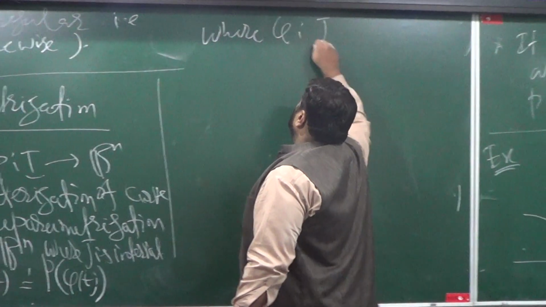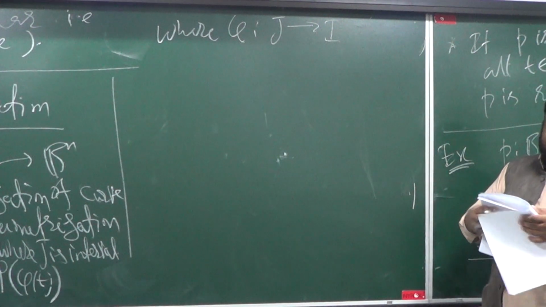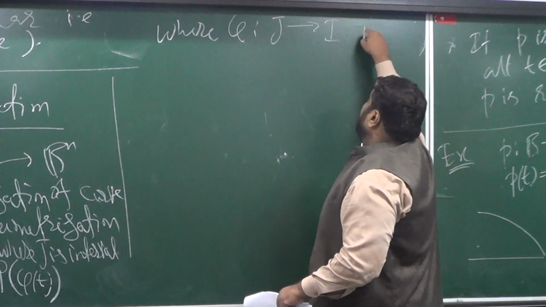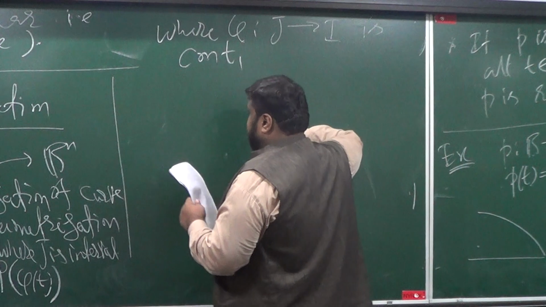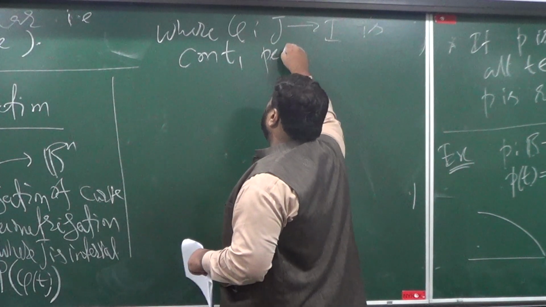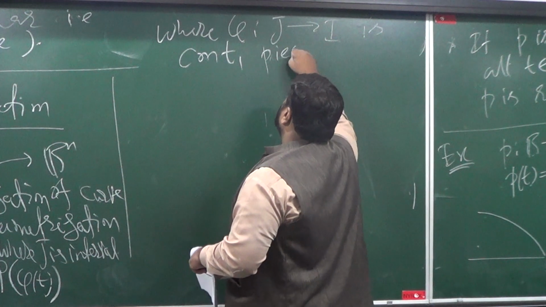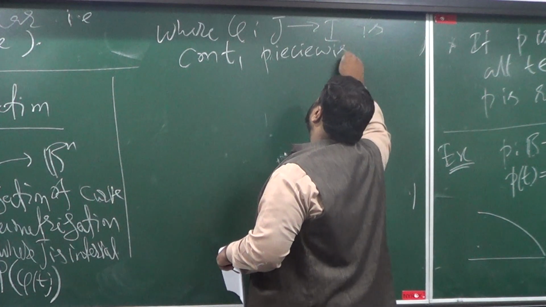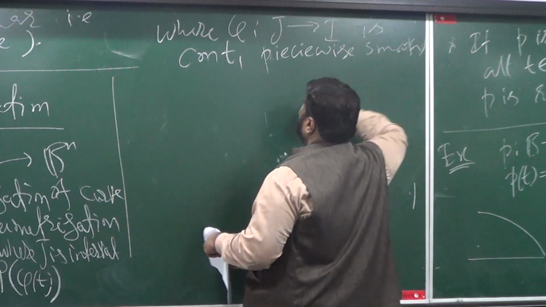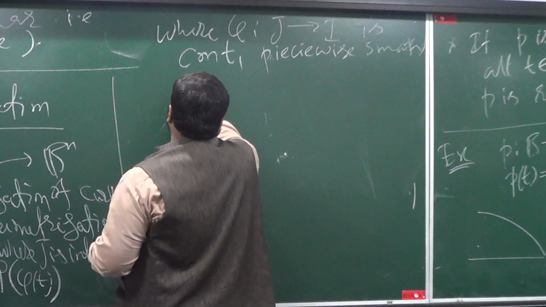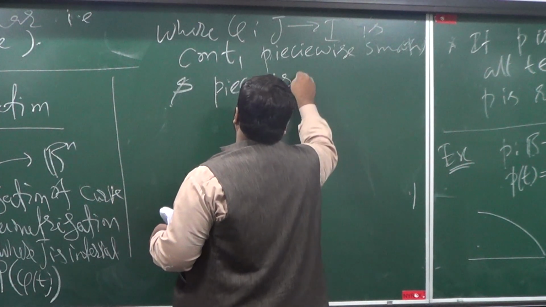Phi is a map from J into I that satisfies this: phi must be continuous, it must be piecewise smooth, and it must be piecewise regular.